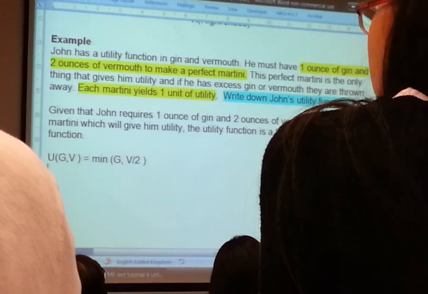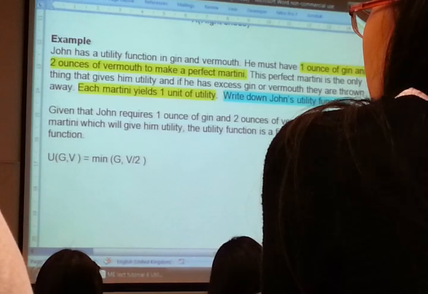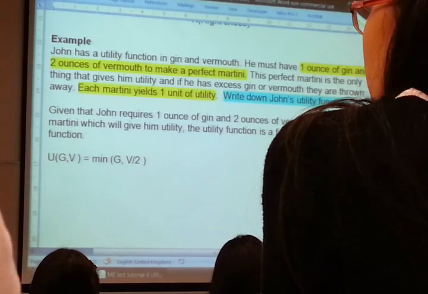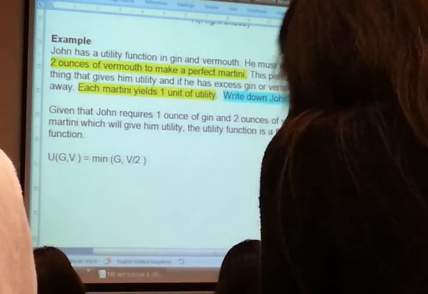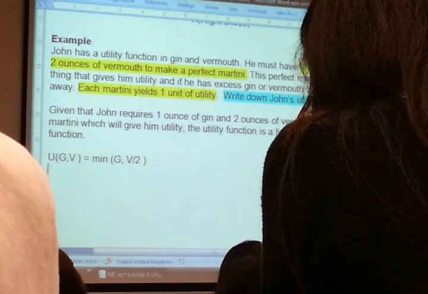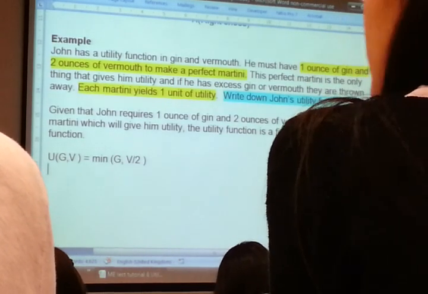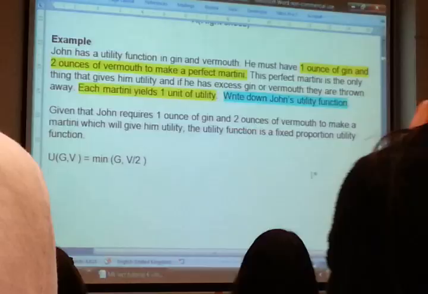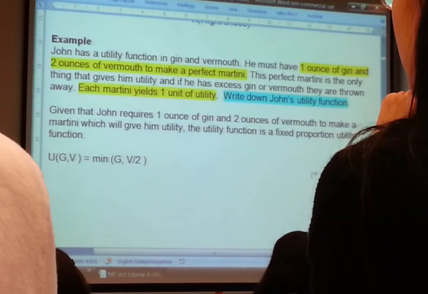You have to classify them, because the mathematics depends on how you classify them. Are they perfect substitutes? No. They must be used together in a fixed ratio. Is it 1 to 1? No, 1 to 2. As long as they are used together in a fixed proportion, perfect complement.